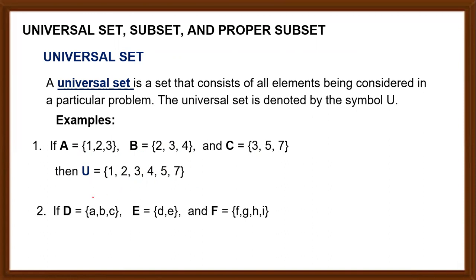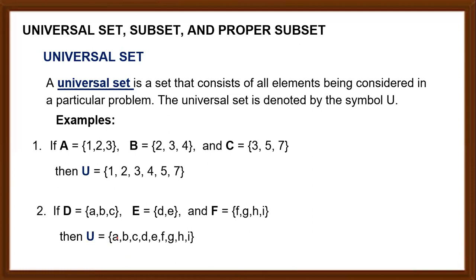Let's have another example. If set B, the elements are A, B, C, set E, the elements are D, E, and set F, the elements are F, G, H, I. Okay, pagsasamahin lang natin siya doon sa loob ng isang open-close braces. Okay, ito ngayon yung ating universal set.